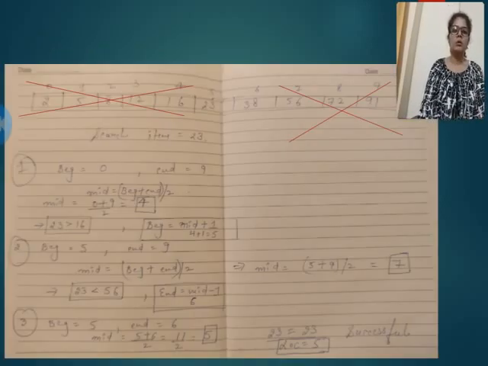See how we have to calculate things in binary search and how we have to check the availability of the item.